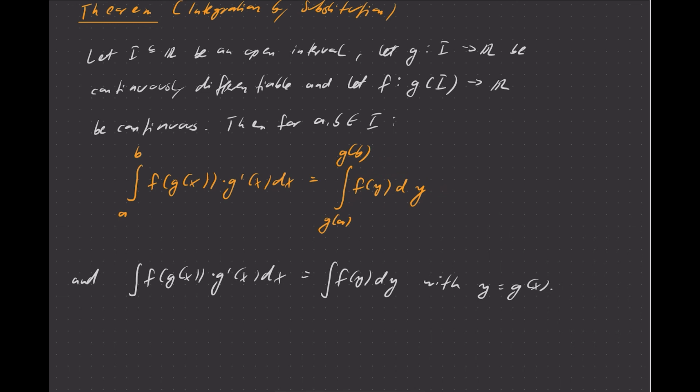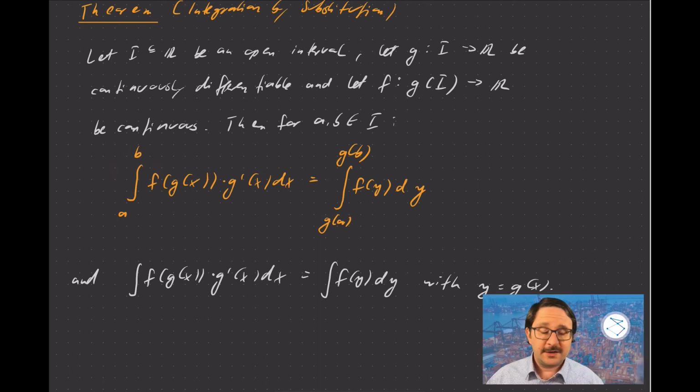And you just change the bounds from a to g of a and from b to g of b. So you apply that substitution rule to the bounds as well, and then you can just use these instead of reverting the substitution. Yeah, so that's useful for integrals with actual bounds. Some examples of this will of course be on the exercise sheet as always.